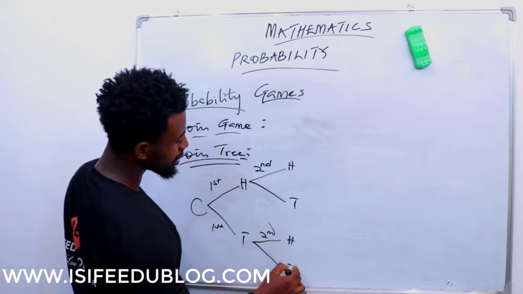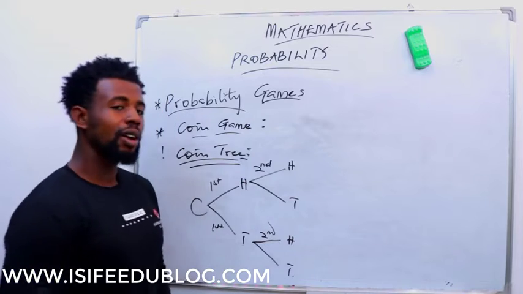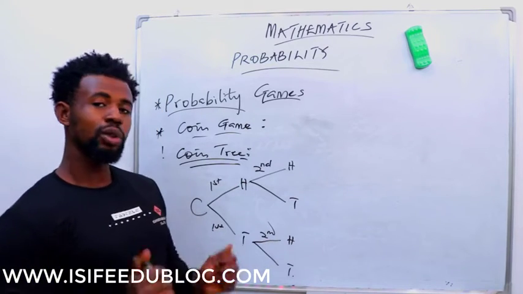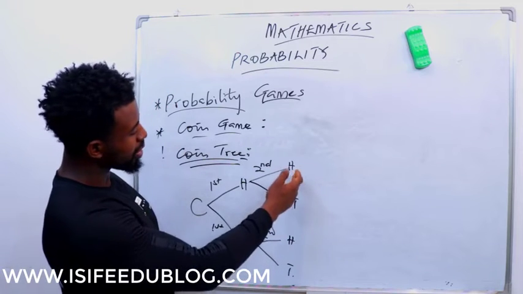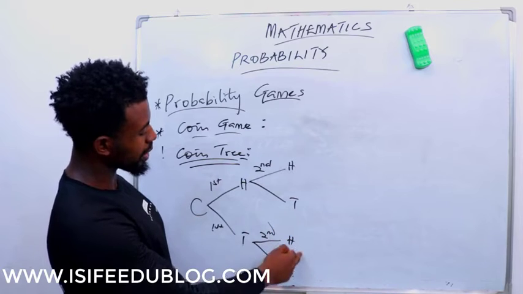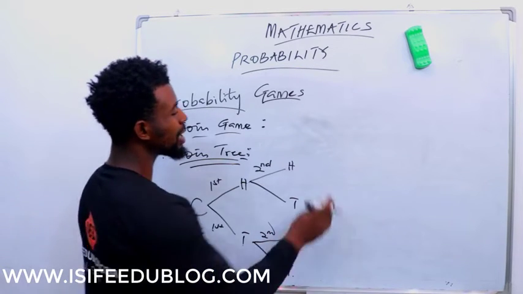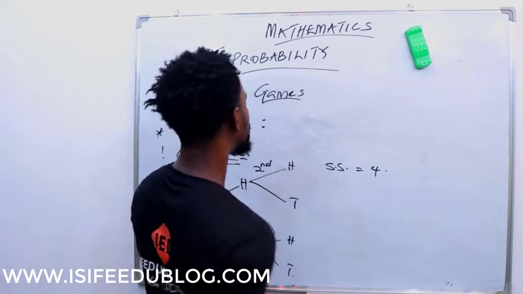Here we have our head and our tail. So if a coin is being tossed twice, or you have 2 coins tossed simultaneously, our total number of possible outcomes becomes, now look at the ending part, we have 1, 2, 3, 4. So we have our sample space to be equal to 4.